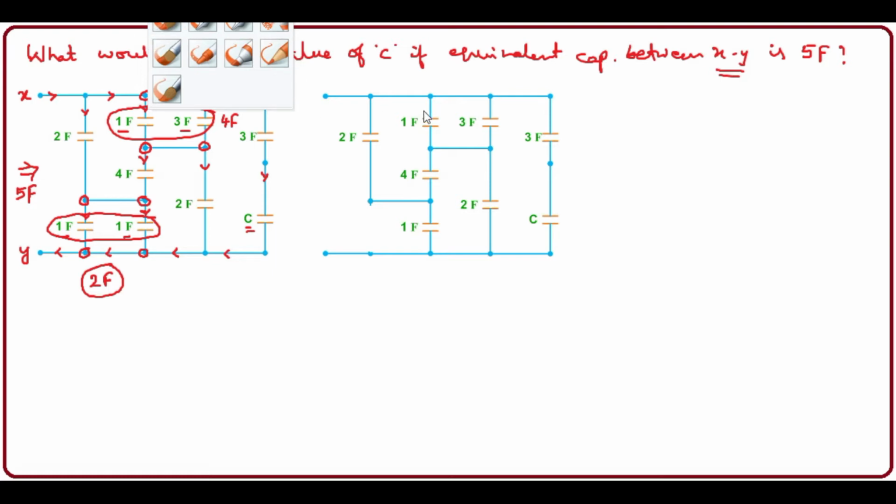On the top also I can remove one of them. Here the value is 4 Farad. So here the value is 2 Farad, here 2 Farad, and here 4 Farad. That's all.